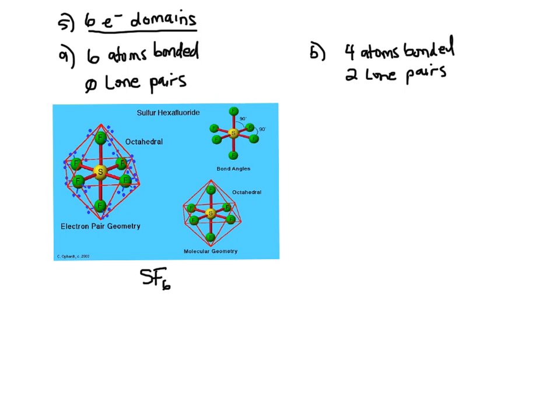So central atom has 1, 2, 3, 4, 5, 6 bonded atoms, 0 lone pairs, so 6 electron domains. And the name of this particular shape is octahedral. So it's an 8-sided molecule, or it has 8 sides. So octahedral.